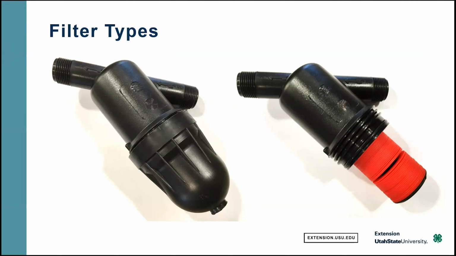Automated disc filters will actually run clean water back through the discs, force them open, force the filtrate out, and then blow it out a small valve at the bottom of the filter. Okay, so that's kind of where I'm going to leave it for drip components. Really just some things to consider.